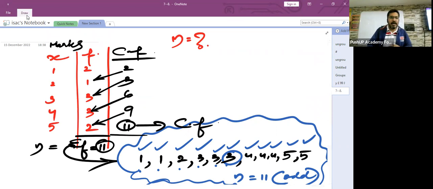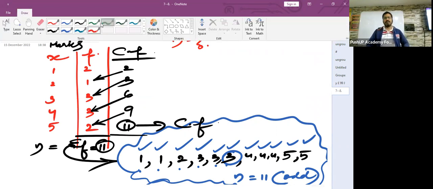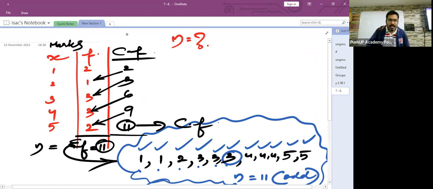Children, in order to find the 6th term in this table, what you need to do is go to the column of cumulative frequency. In that cumulative frequency, can you tell me where is that 6th term? The 6th term is over here.